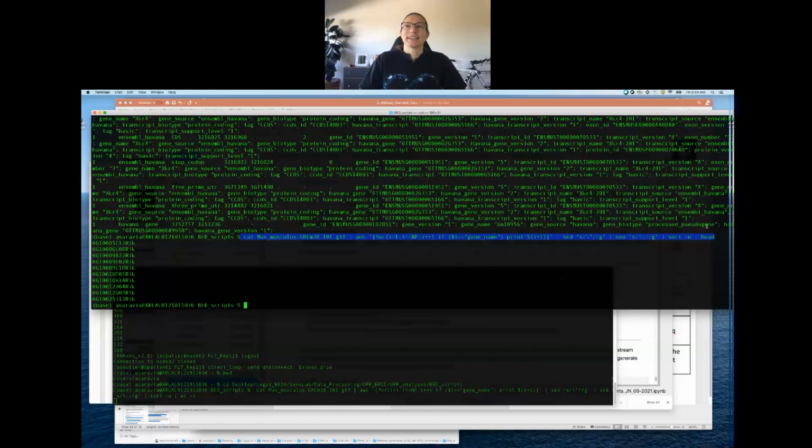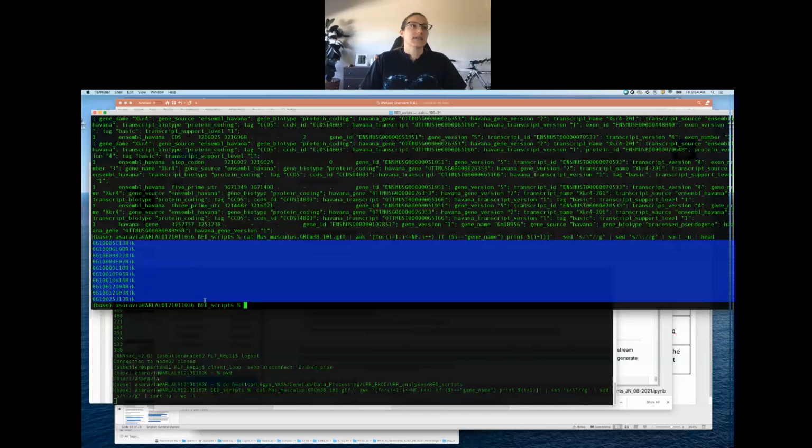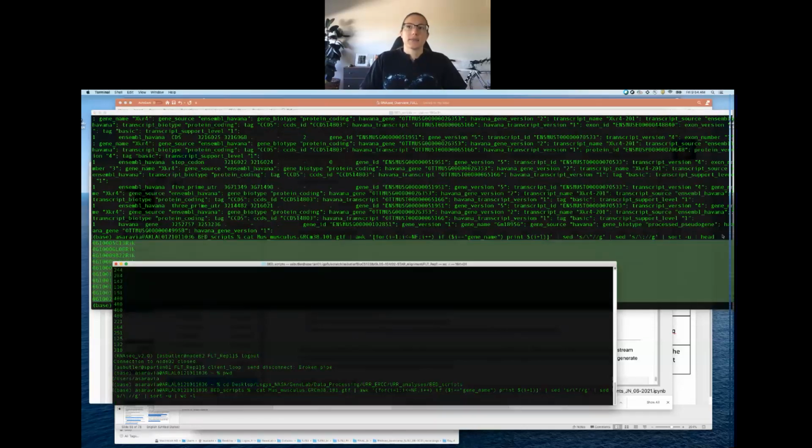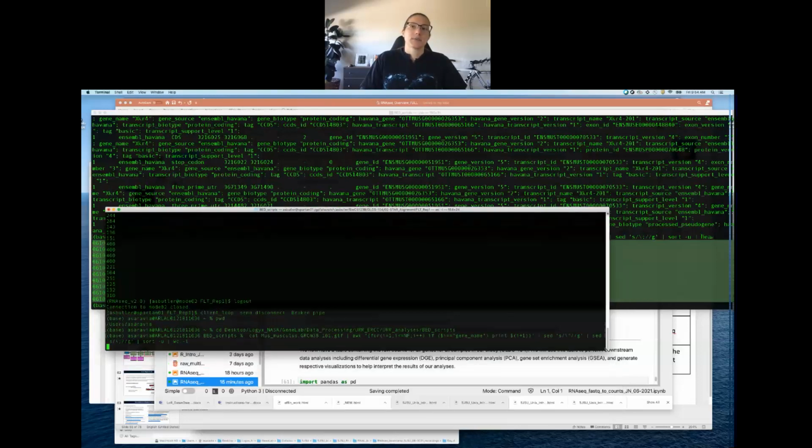If you take a look at the output of this head command, I do now see that when I sort based on gene name, these are unique now. And so what I did here is I grabbed that same command, and instead of piping the output of sorting the gene names into head to take a look at them, in this other terminal here, I told you I have multiple terminals up all the time, I am piping it into that word count command using the -L flag to count the number of lines.